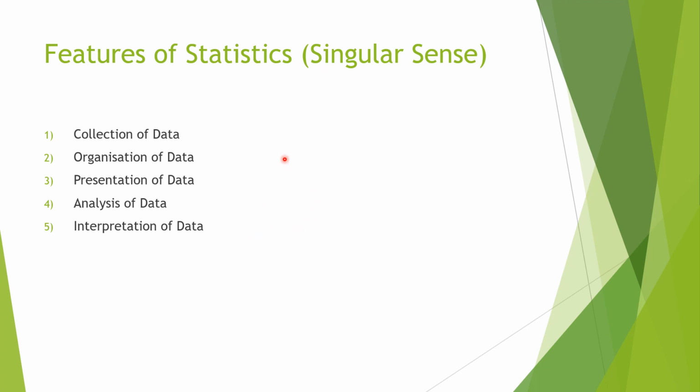We will go one by one, starting from collection, then classification or organization, then presentation. After that we will analyze the data, and after doing all the above steps, we will try to draw some meaningful results and conclusions from the above points.